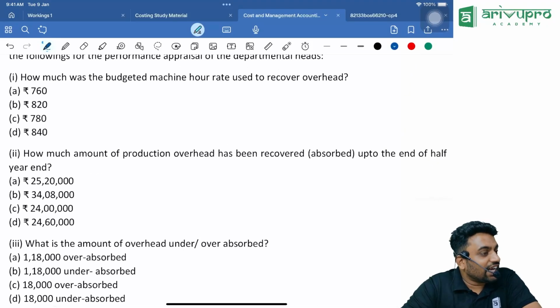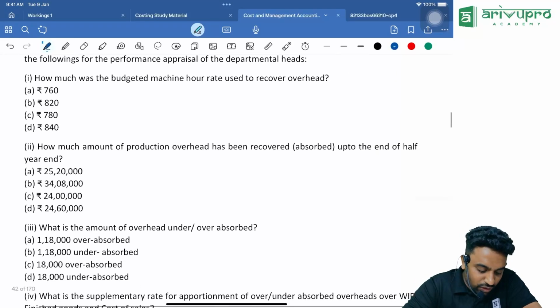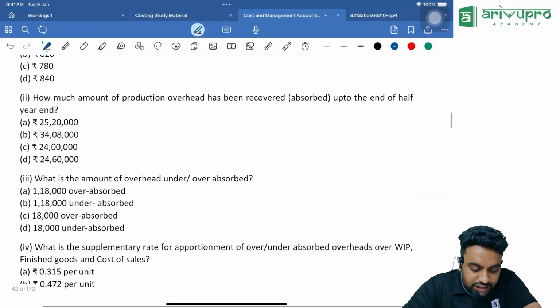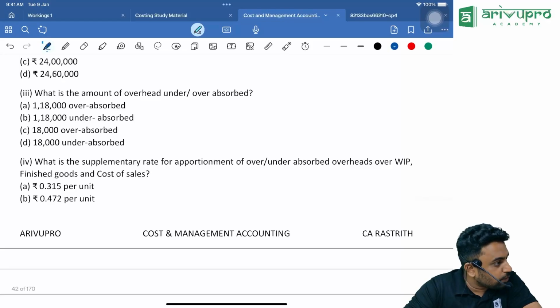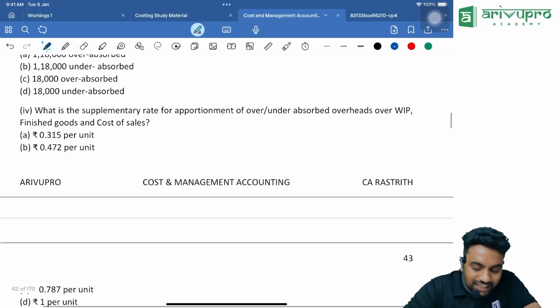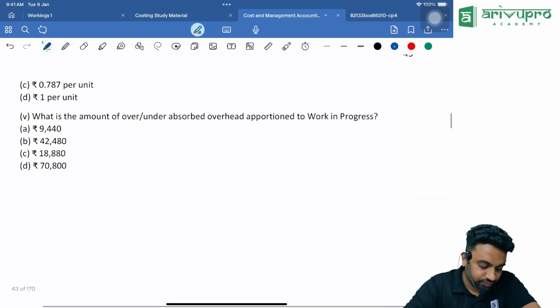The questions they are asking are: How much was the budgeted machinery rate used to recover overhead? How much production overhead has been recovered up to the end of the half year? What is the amount of under absorption or over absorption? What is the supplementary rate for apportionment of under or over absorption over WIP, finished goods and COS?